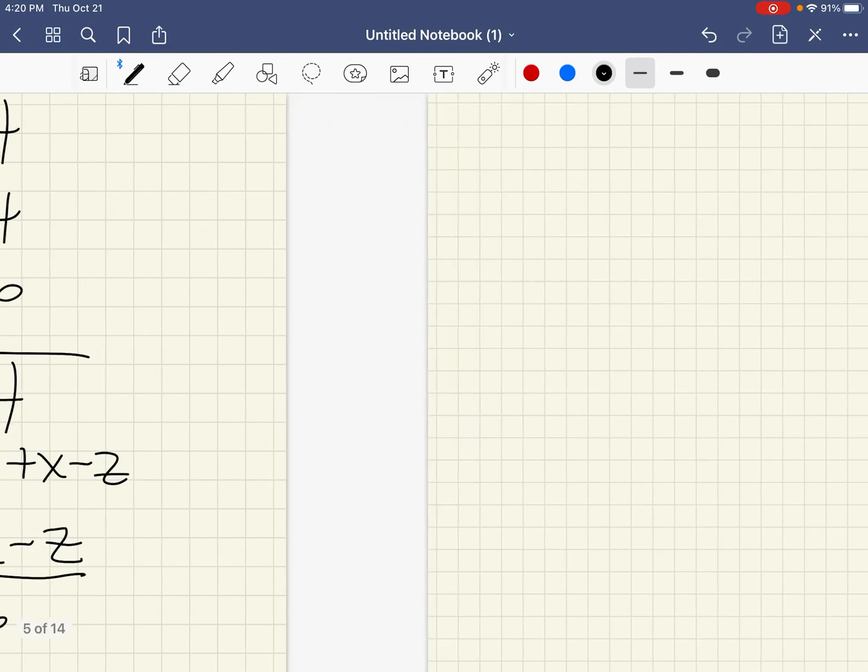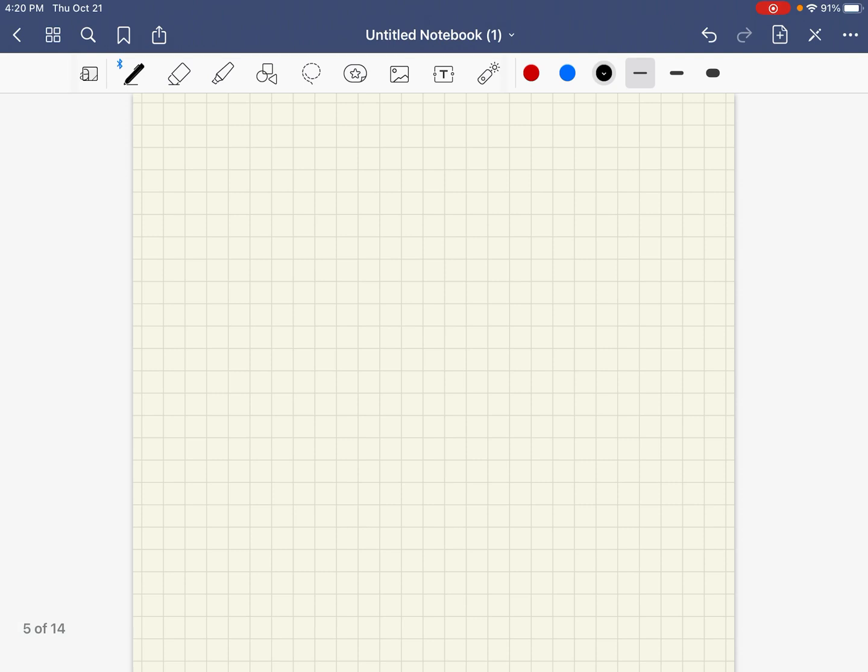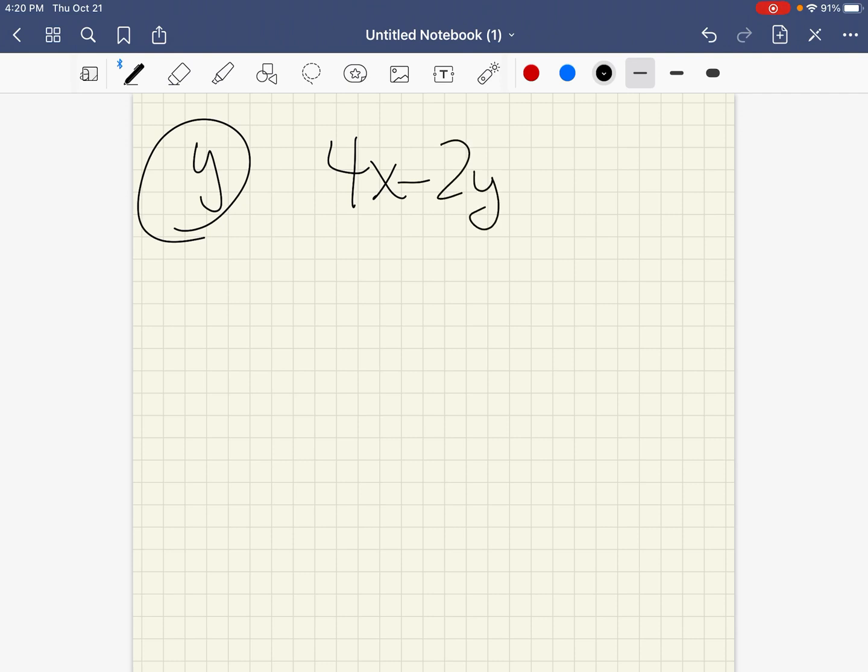All right. Let's try another one. This one says solve for y. So we have 4x minus 2y plus 2 equals y minus 4. So we need to get all the y's on one side and everything else on the other side. I think because this is a negative 2y, we'll just add it to both sides. That way we don't have to worry about a negative on the y.